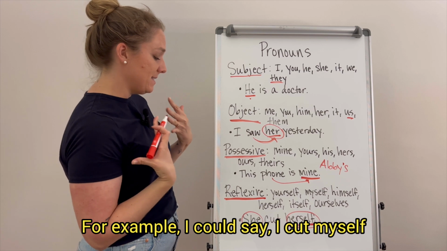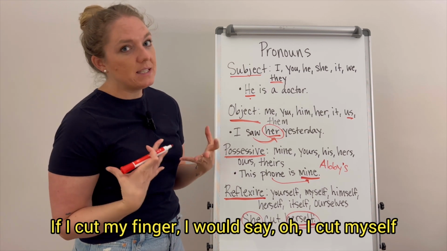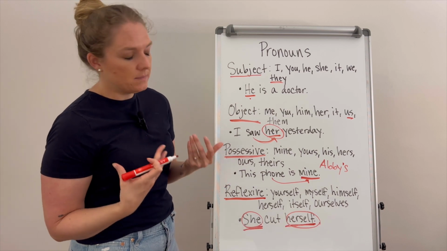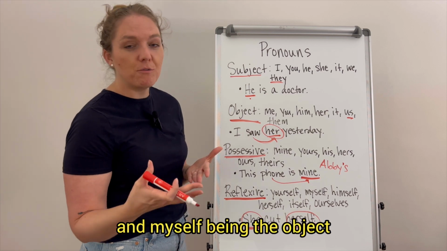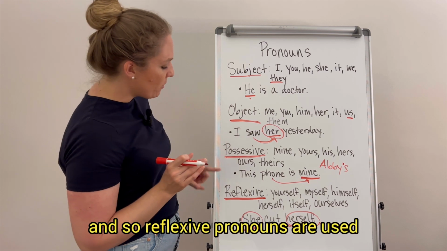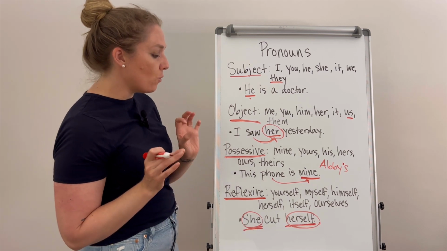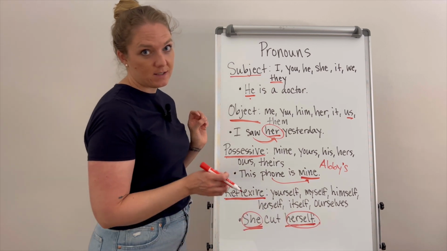For example, I could say, I cut myself. If I cut my finger, I would say, oh, I cut myself. I being the subject and myself being the object, but they are the same person. And so reflexive pronouns are used when the object is the same as the subject.